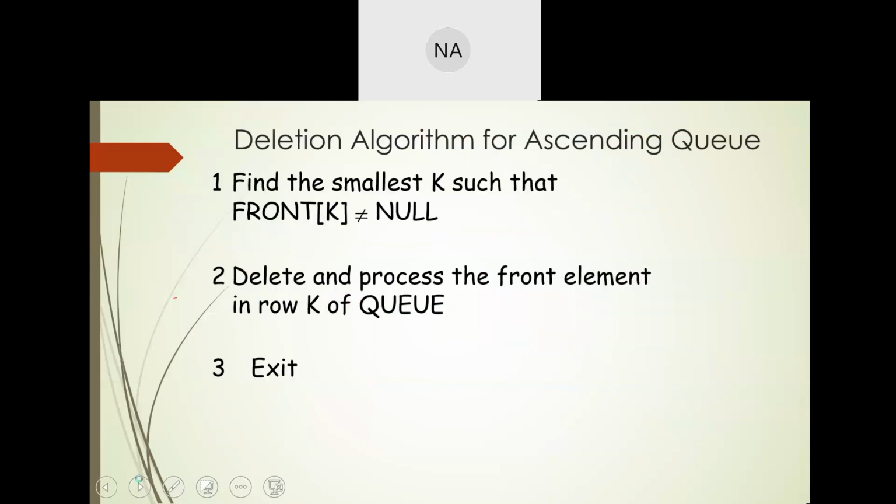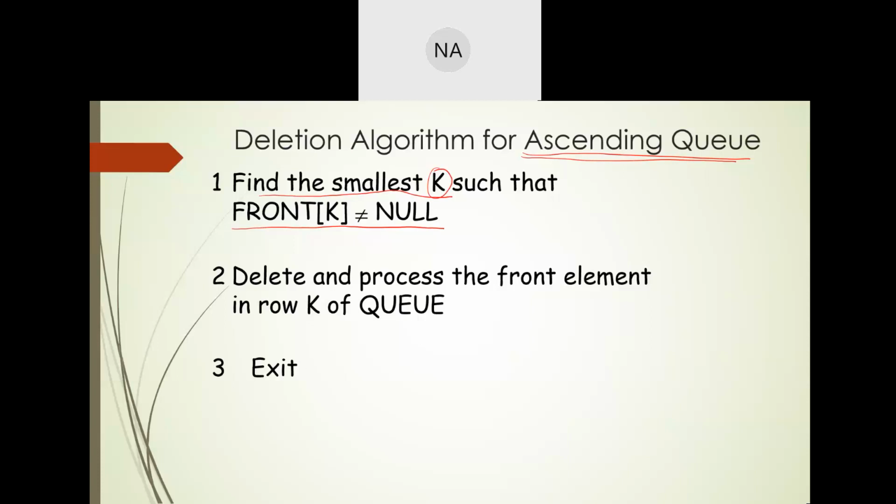Deletion algorithm for ascending queue. For an ascending priority queue using multiple array representation, you will have to find the smallest element. For that, you find the smallest integer k such that front k is not equal to null. Since you are implementing an ascending queue, you delete the element with the smallest priority.